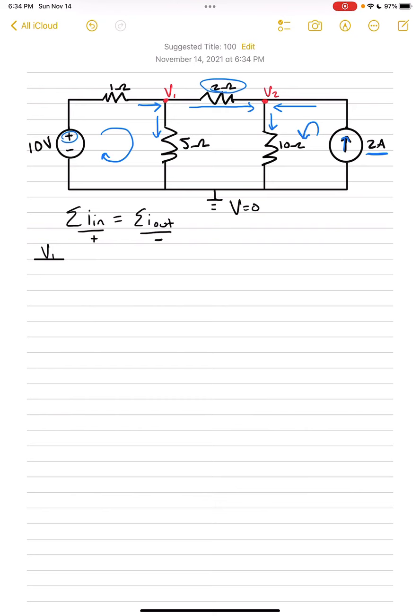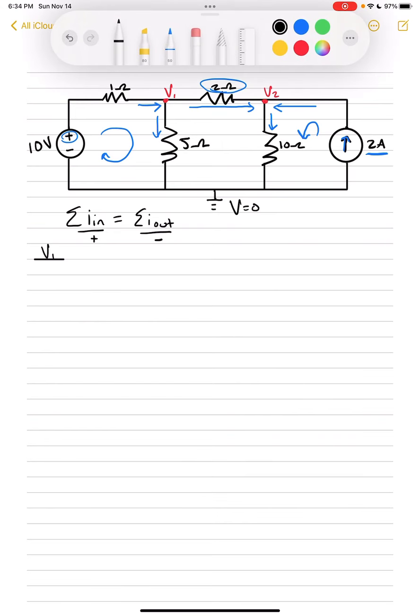Let's go back and label all of them just for fun. I1, I2, I3, and then I4. And I'll get back to that one in just a second.